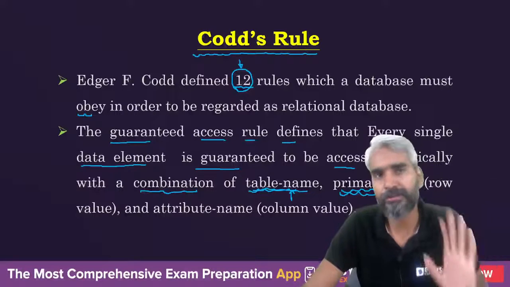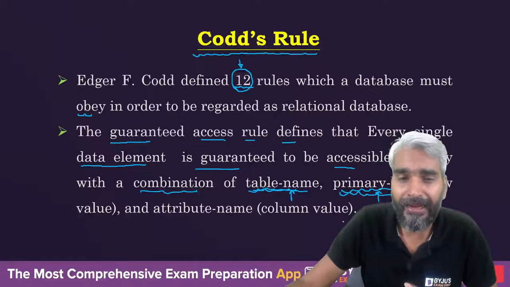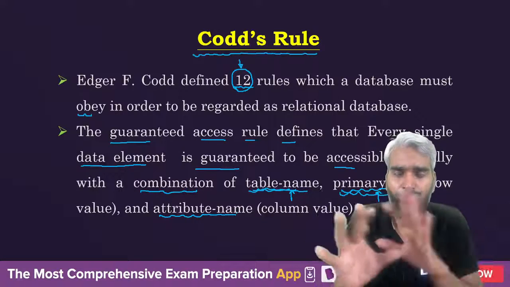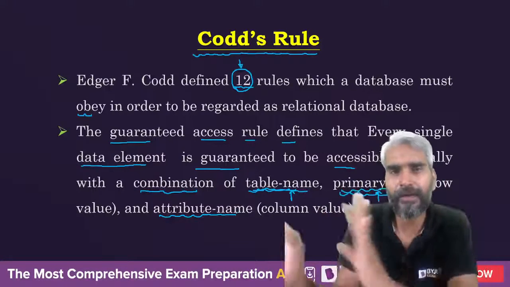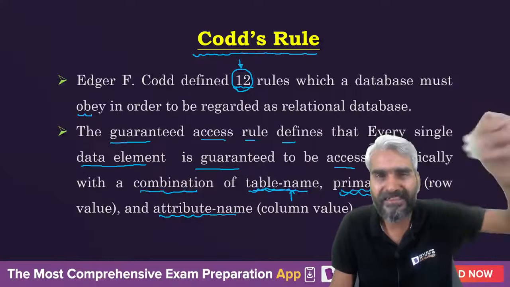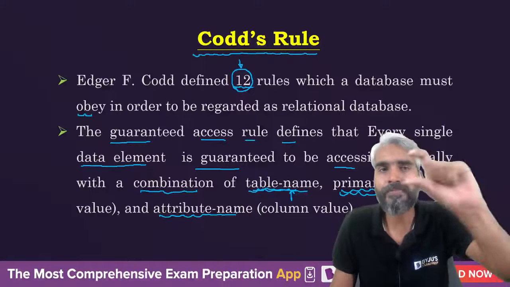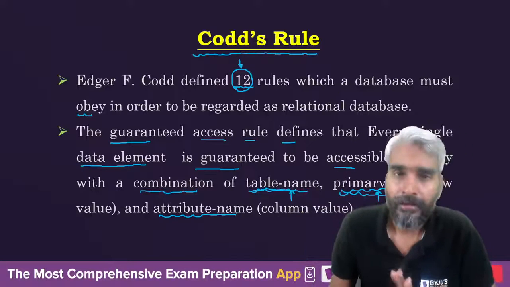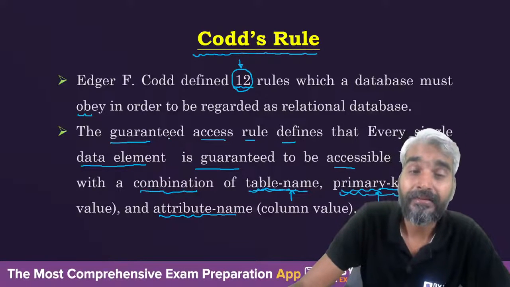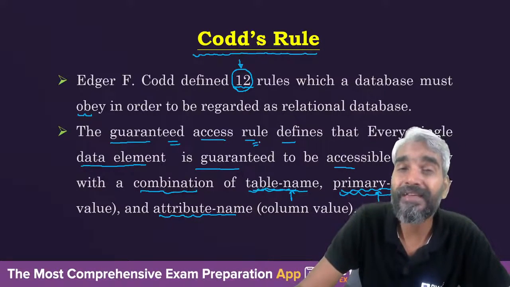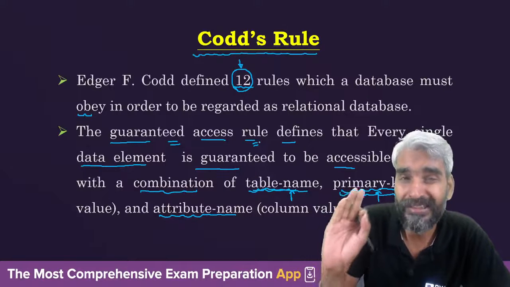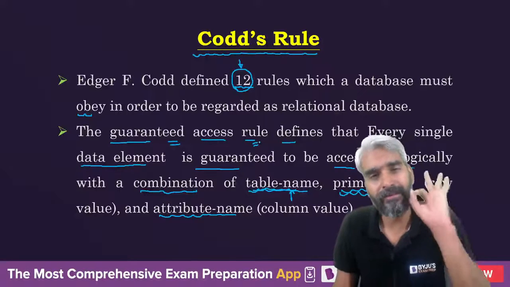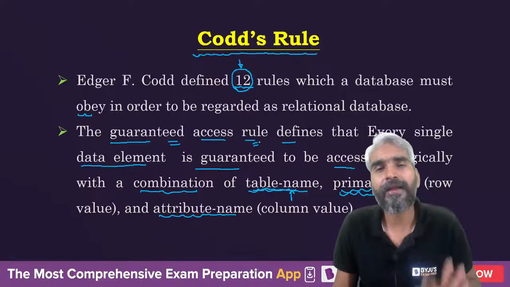And you have the information about the attribute, that I want to access this particular attribute, or I only want to access the tuples in which the value of this attribute follows this particular condition. So this is the idea, that you must be able to access every single element of the table based on these three things only: table name, primary key, and attribute name.